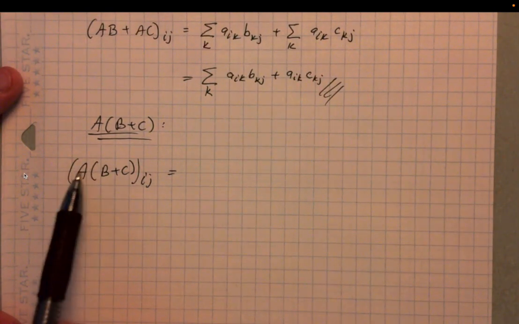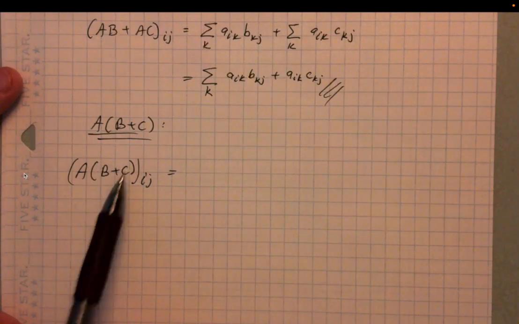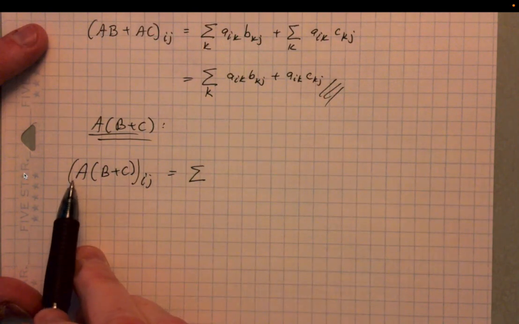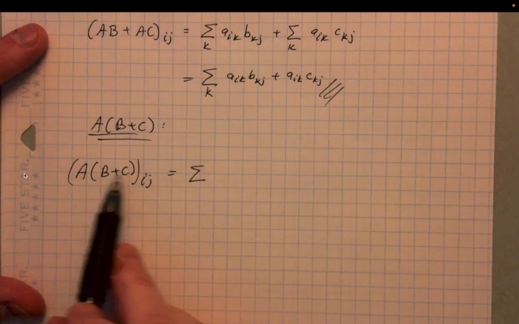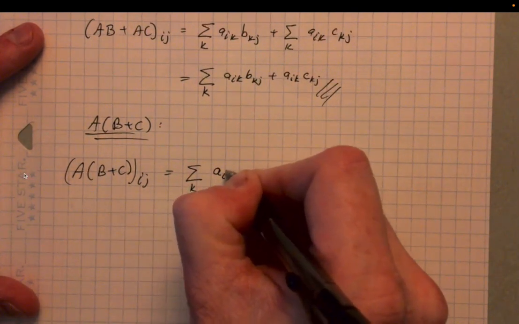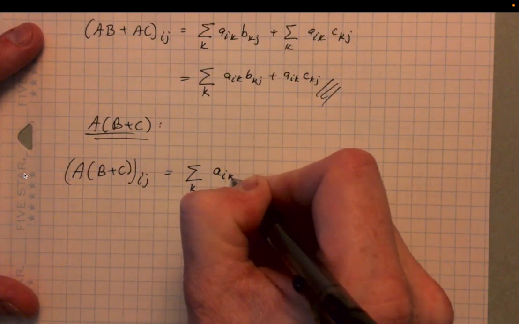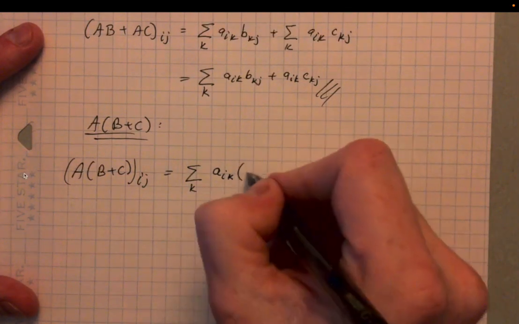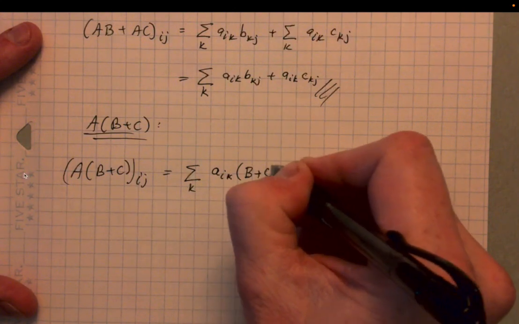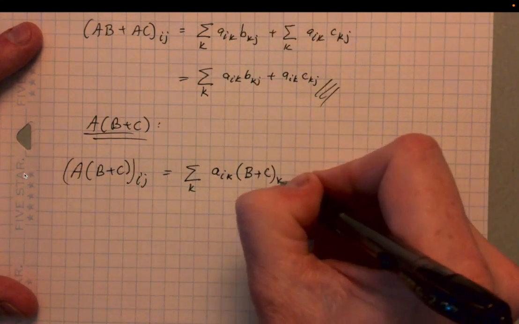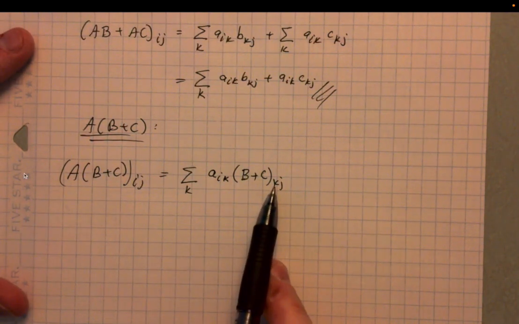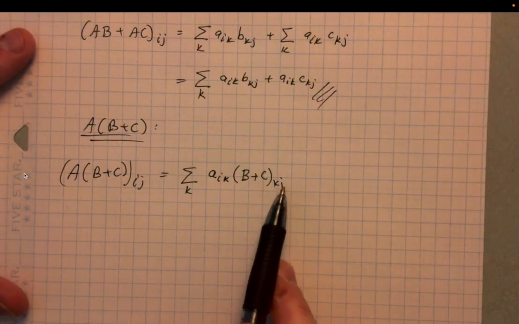You've got the A matrix multiplied with this matrix B plus C. Okay, and so the way we can write this, it's going to be the ith row of A and the jth column of B plus C. Right, so we can write it like this. Sum over K of A, I, K times, now here we are dealing with a matrix B plus C. So B plus C is going to be the KJ entry there. Right, so we're going to range over all of the rows of the jth column.